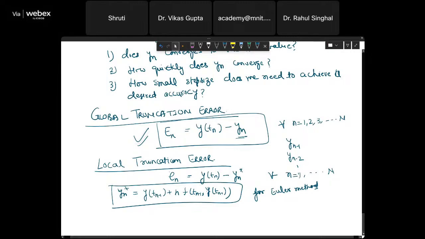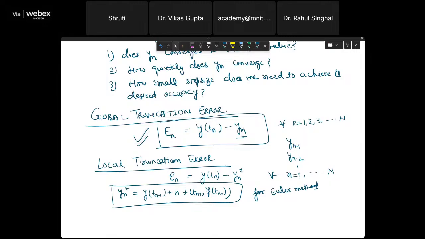So at any time step we can compute the global truncation error, while the local truncation error we compute as the difference of the true solution y of Tn and yn star, which is the approximate solution obtained at the nth step, but assuming that at the previous steps we have the exact solution. So it specifically gives you the error involved in a particular step.